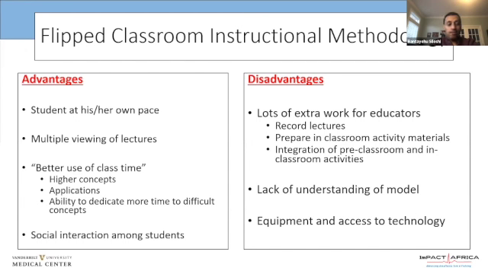It does have disadvantages. It requires a lot more work from the educators. And if both the students and the educators don't understand how the model works, it will not be effective. If students come unprepared to the classroom, then it will be harder to cover advanced topics during the classroom.